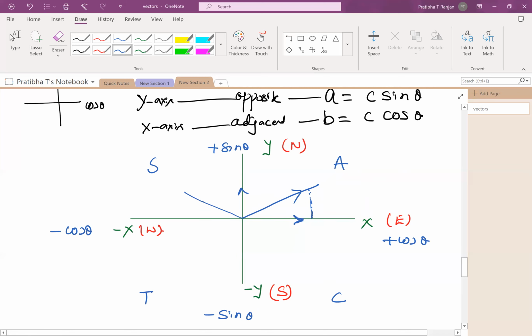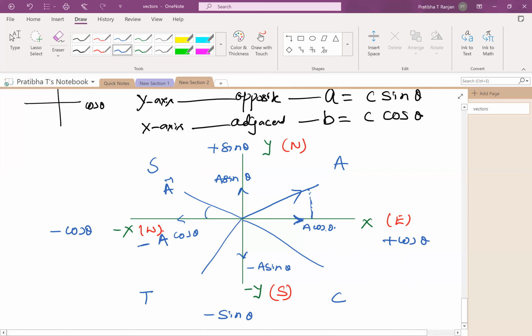So if the direction is in this direction, obviously my cos will be negative, right? It is vector A, so this will be negative A cos theta, where the sign is the same as A sin theta for both of them, right? If it is this side, the sign is also going to be negative, right? Here my sine and cos is going to be positive.